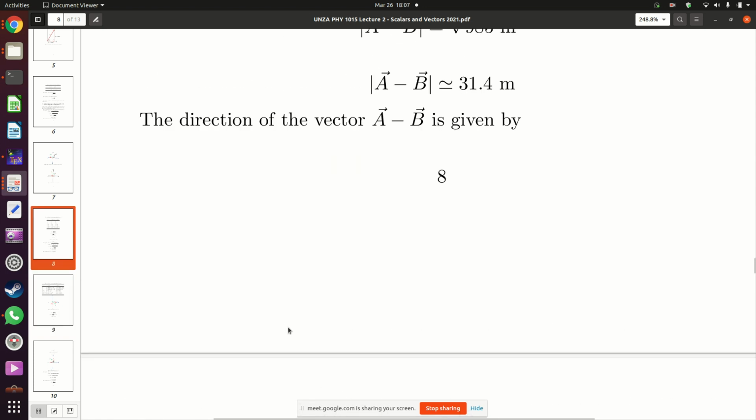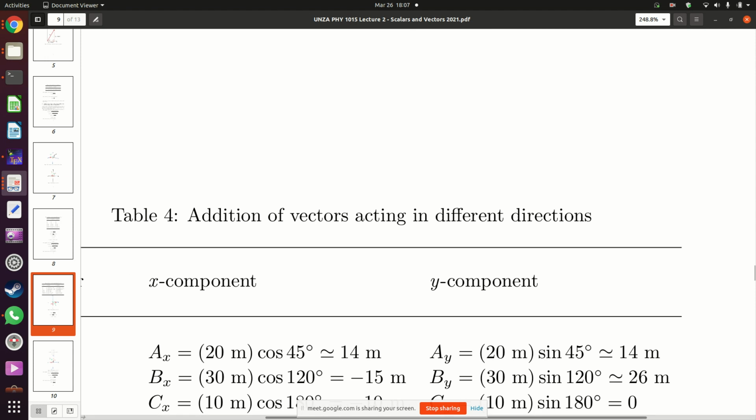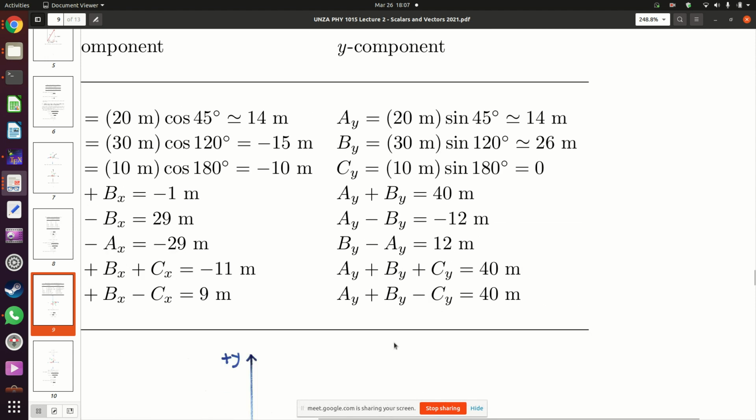However, as you are going to see, these two vectors are not the same because the angles, the theta for a minus b and b minus a, are not the same. The angles are different.